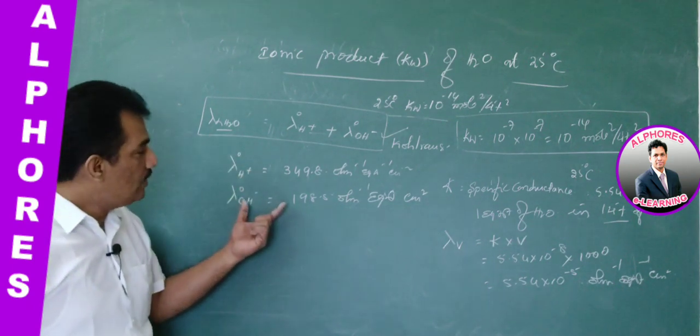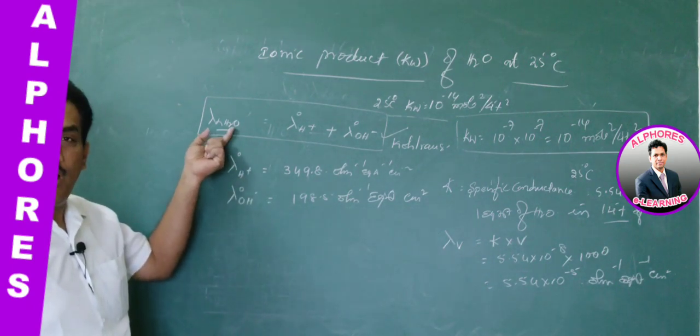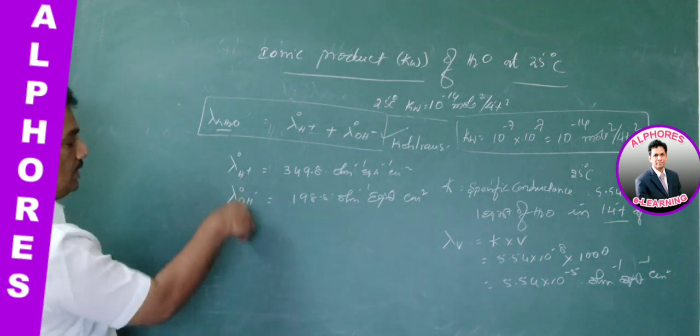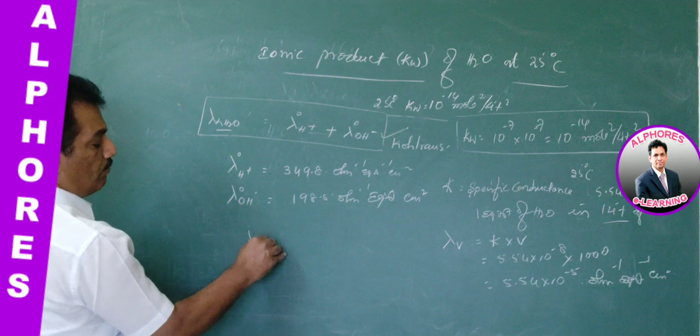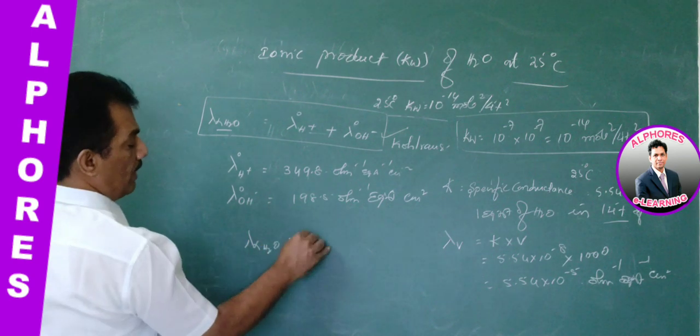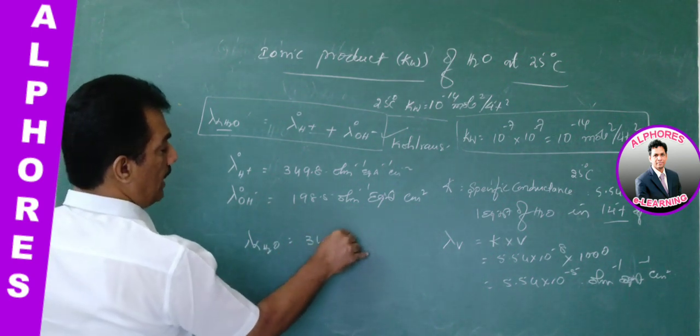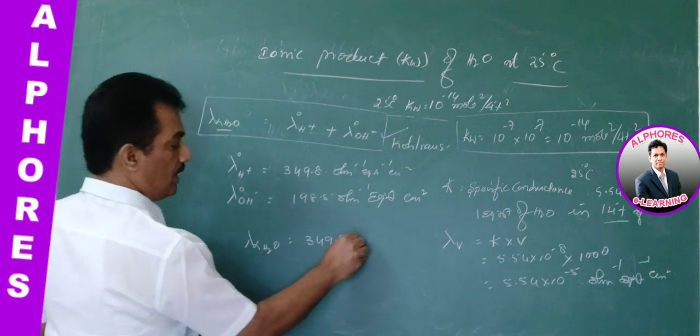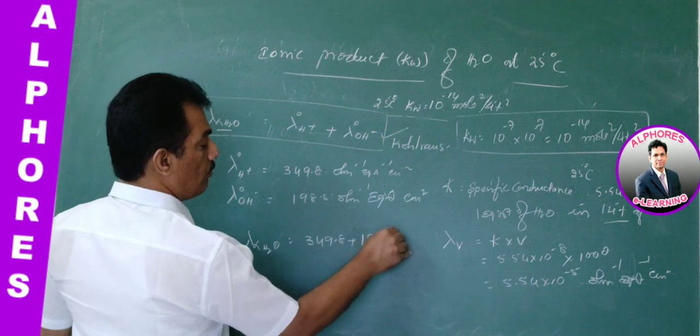And now with these two values we are getting lambda infinite of water, is it not? So now, lambda infinite of water is equal to 349.8 ohm inverse, that is 349.8 plus 198.5.